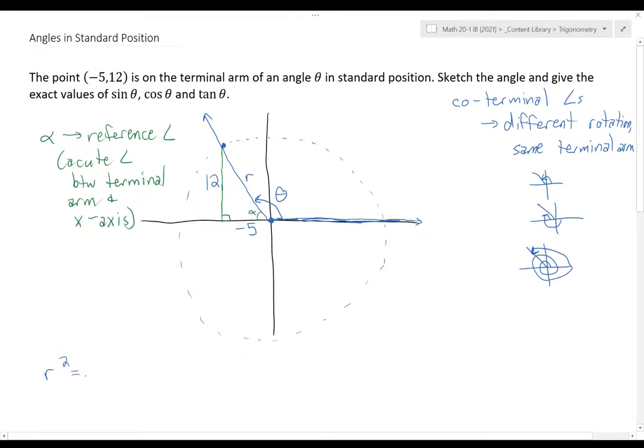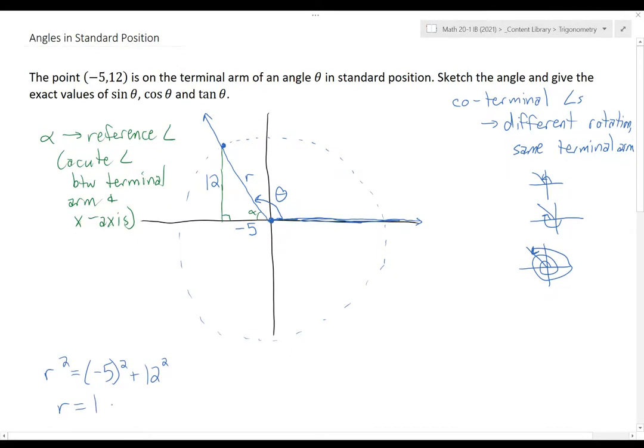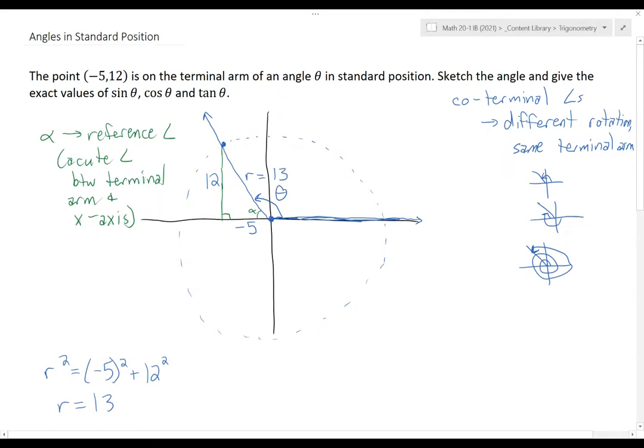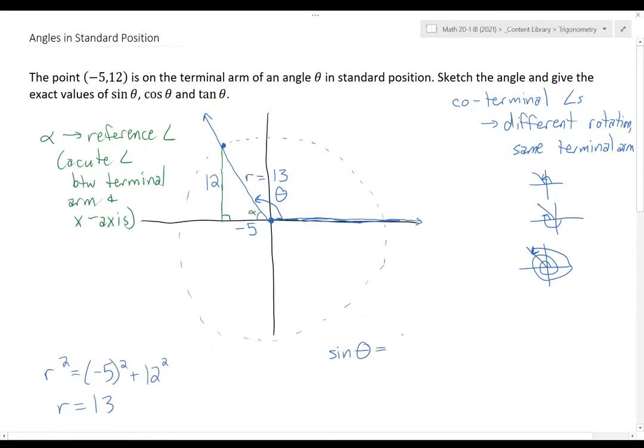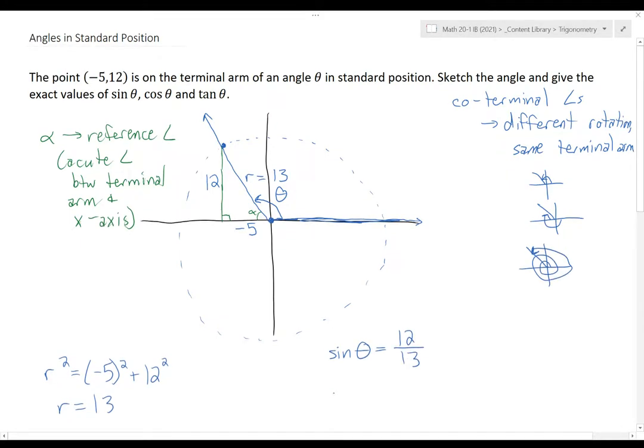R squared equals (-5) squared plus 12 squared, which when you solve for r means that r equals 13, and we're going to let r always be a positive value. So the adjacent side or the opposite side could be positive or negative depending on the quadrant, but r is always going to be positive. Now that we know the lengths of all the sides of the triangle, we can simply say that sine of theta is going to be the opposite, which is 12, because that's opposite the reference angle, over 13, which is the hypotenuse.